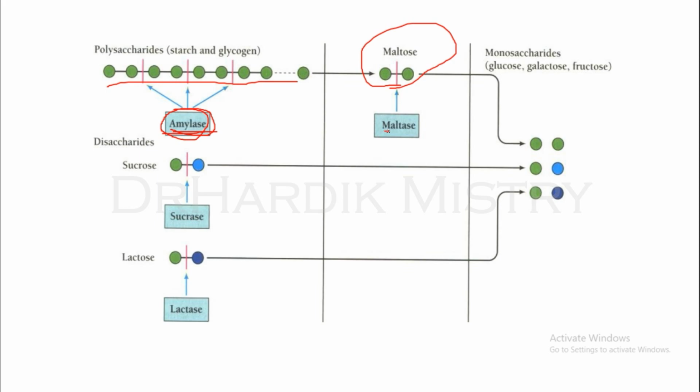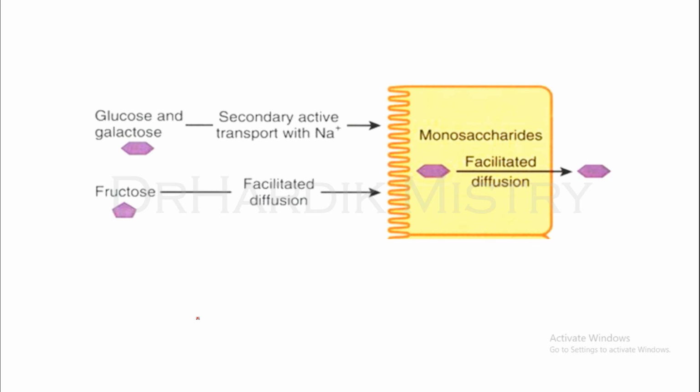And the maltase enzyme breaks down the bond between the two glucose molecules, forming the monosaccharides, or two molecules of glucose. Second, the disaccharide sucrose is converted to glucose and fructose via the enzyme sucrase. And third, lactose is converted to glucose and galactose via the enzyme lactase. The digestion part is over.